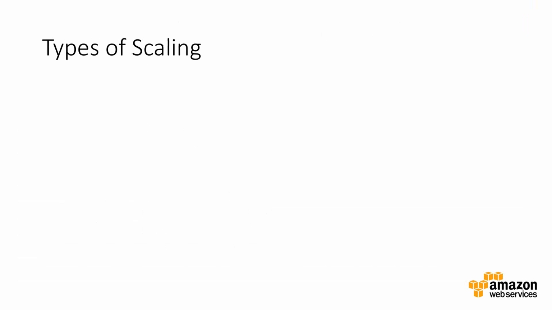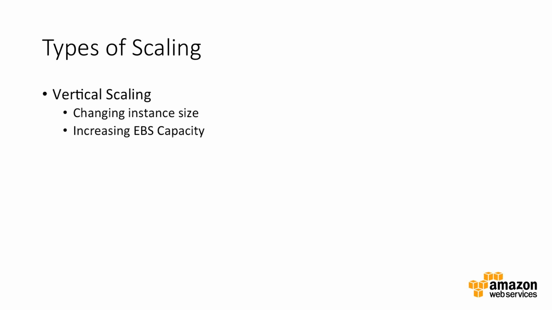So let's talk a little bit about the types of scaling in general. So to start with, the first and most common way of looking at it is vertical scaling. To scale vertically or to scale up means to add resources to single nodes in a system. Typically, this involves the addition of CPU or memory to a single computer. And taking advantage of such resources can also be called scaling up.